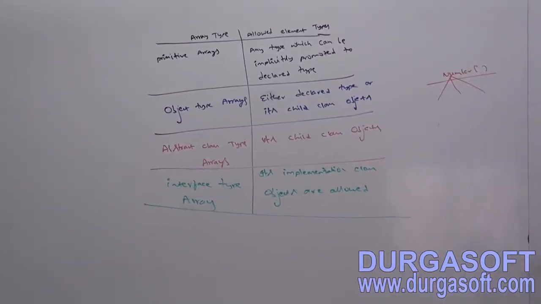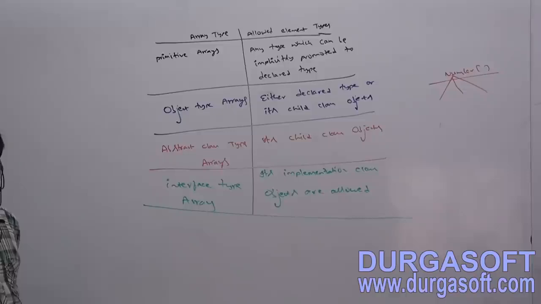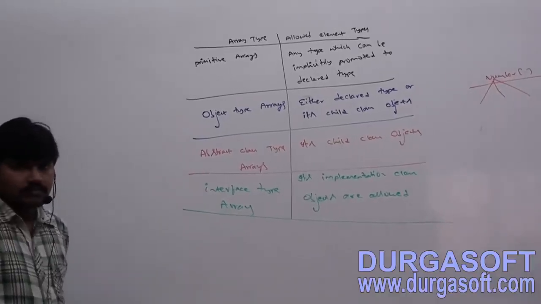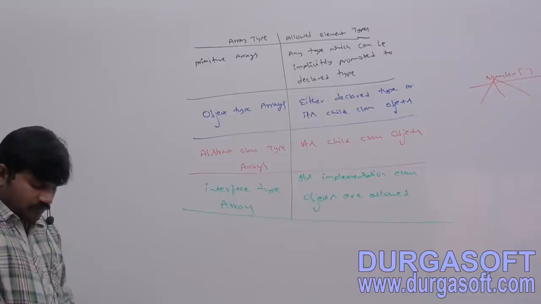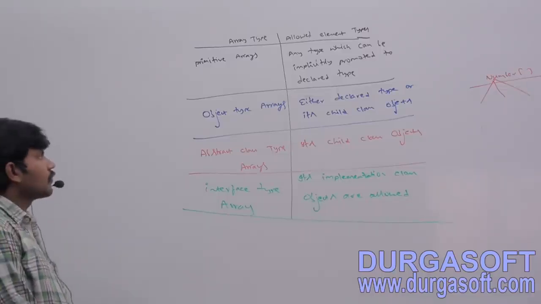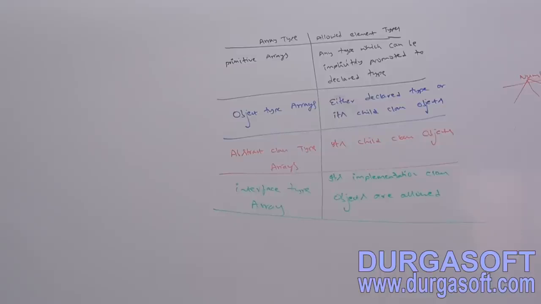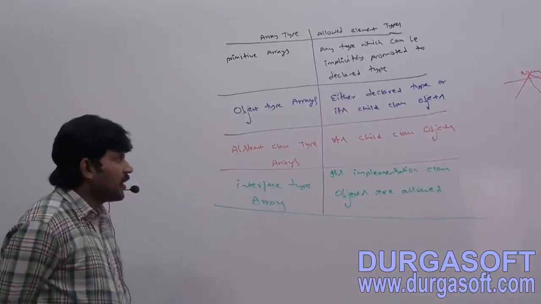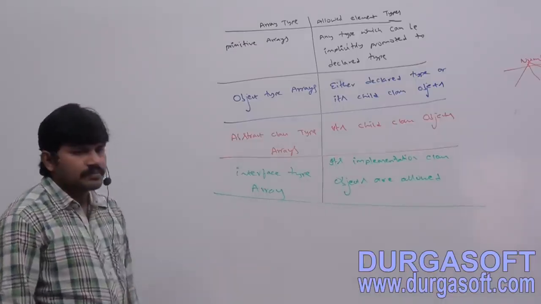Take this clearly. Array type, allowed element type. Primitive arrays: any type which can be implicitly promoted to the declared type. Object type arrays: either the declared type or its child class objects.